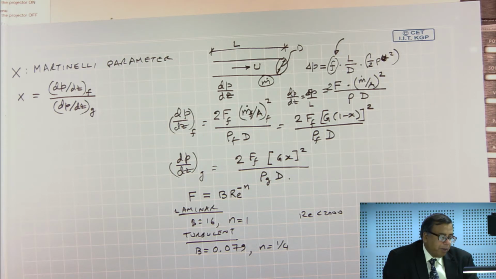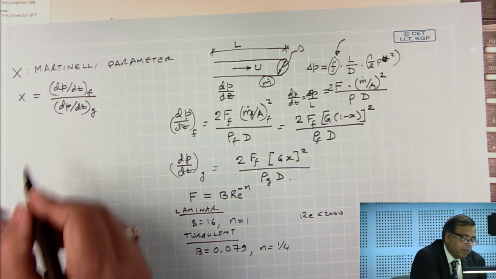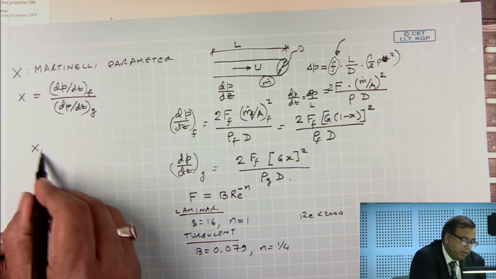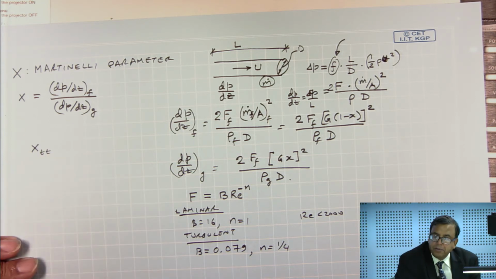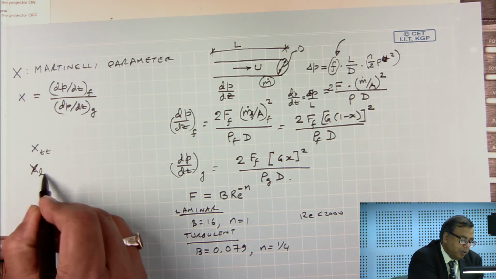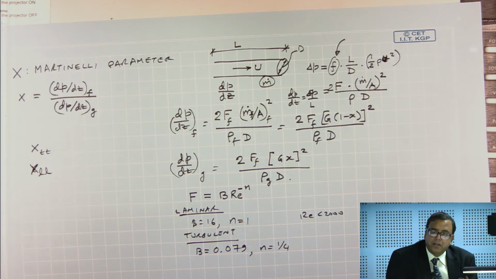Okay. So, your Martinelli parameter is sometimes called XTT, where both flows are turbulent, okay, or you can have XLL, where both are laminar, or you can have XLT or XTL. Okay. And so, that subscript tells you which phase is turbulent, which phase is laminar. Does that make sense? Okay.